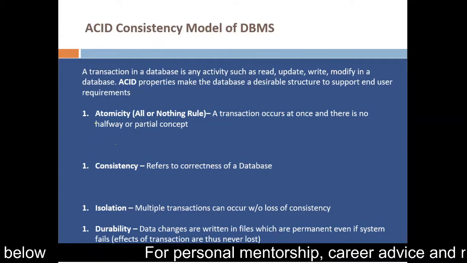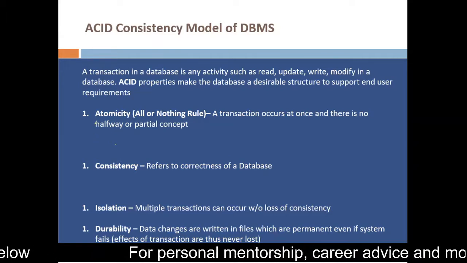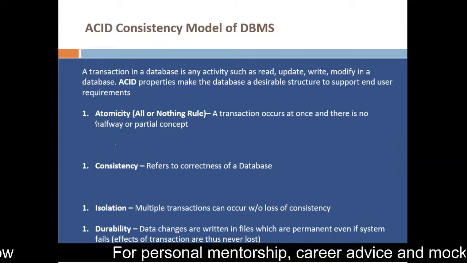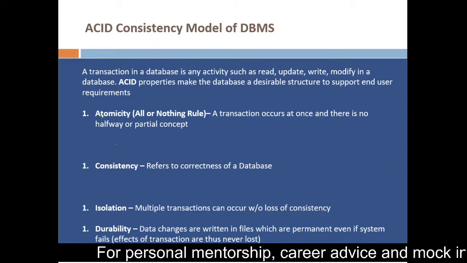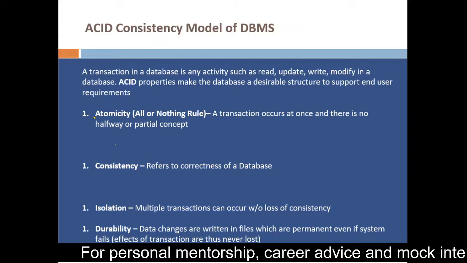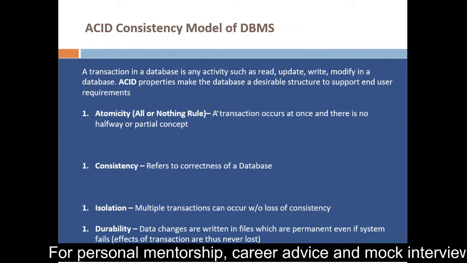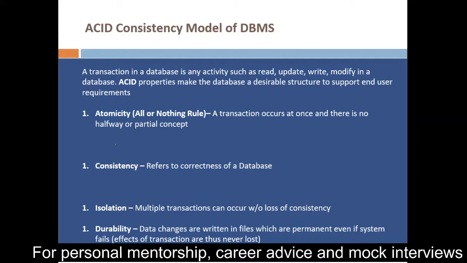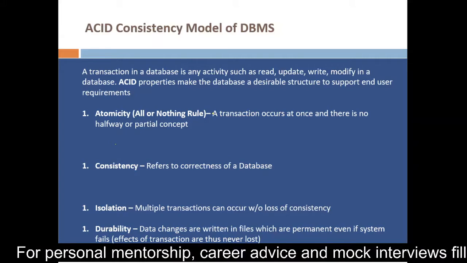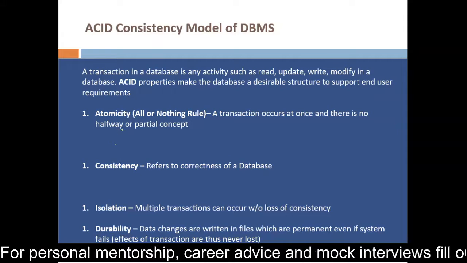It's because it follows the ACID properties. Now what ACID means is, A stands for atomicity. This is also known as the all or nothing rule. It tells us that a transaction occurs at once and there is no halfway or partial concept.